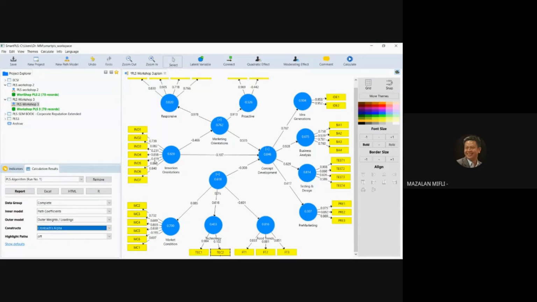Then you run it again. Sometimes the loadings may go up, and then not necessarily do you have to omit them after you omit certain items or indicators. So omit the lowest one first.